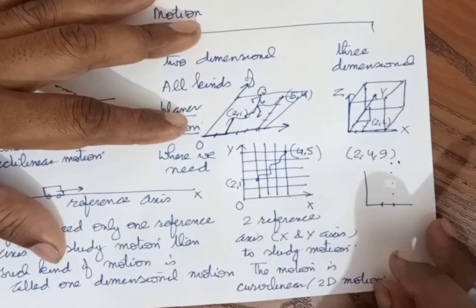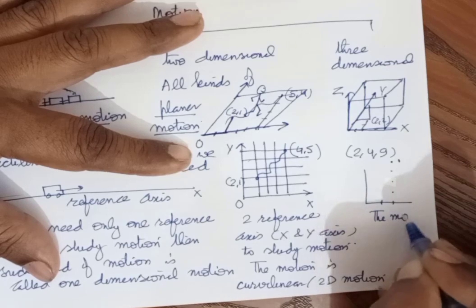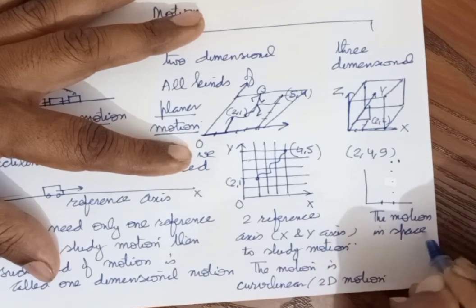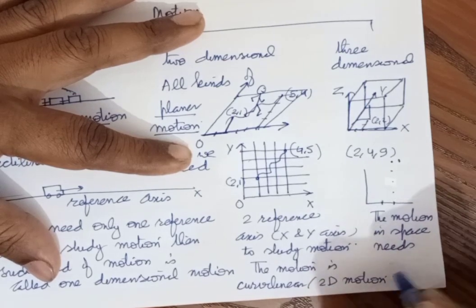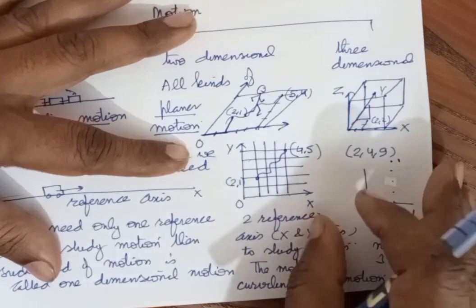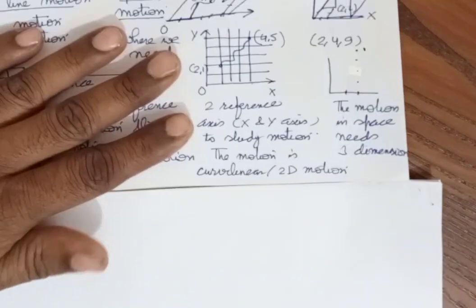So the motion in space needs 3 dimensions. What does it mean dimension? Means motion in space needs 3 reference axes to study it.